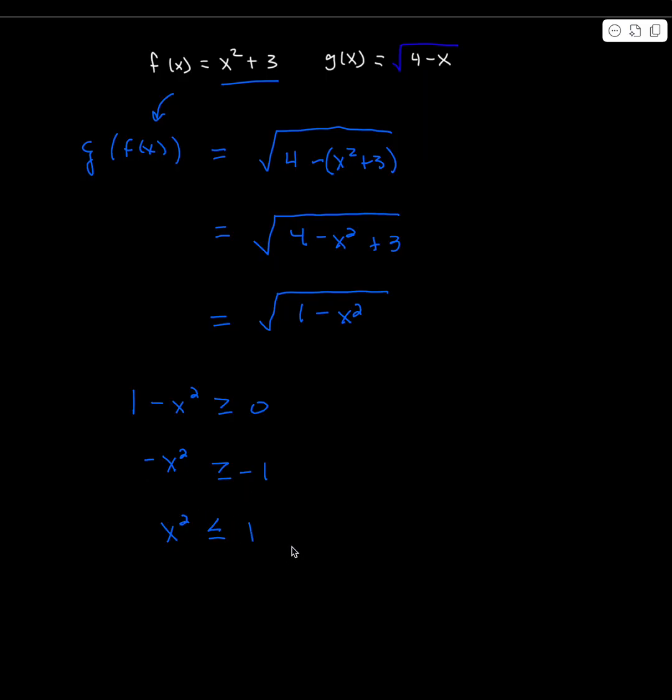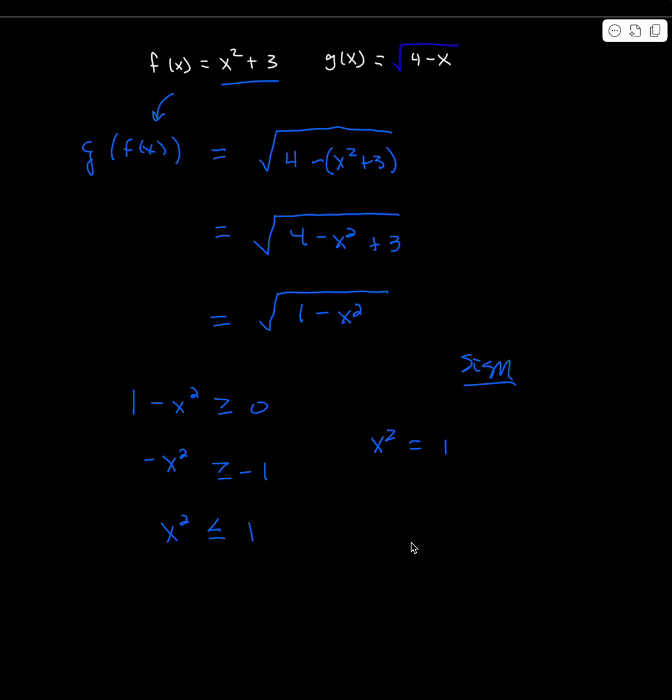So the way I like to do this is with a sign diagram, S-I-G-N, not the trig function sine, a sign diagram. Because I think the inequality is a bit confusing, okay? So what I do is temporarily drop the inequality sign, and I find out where x squared equals 1.